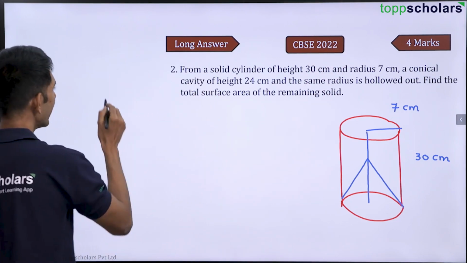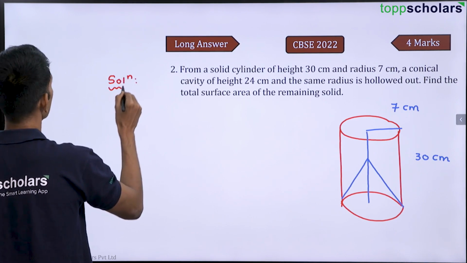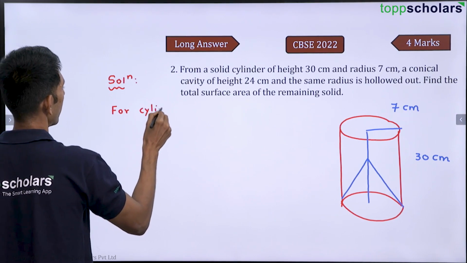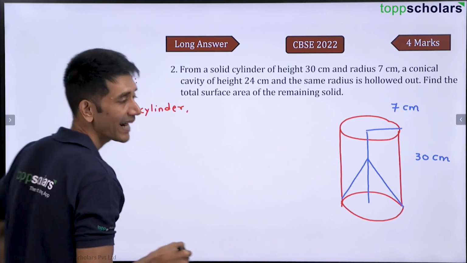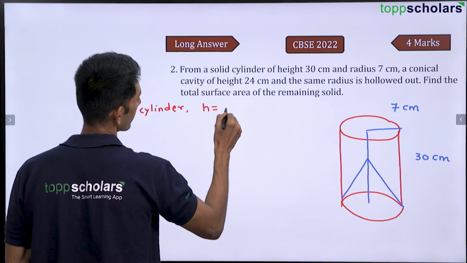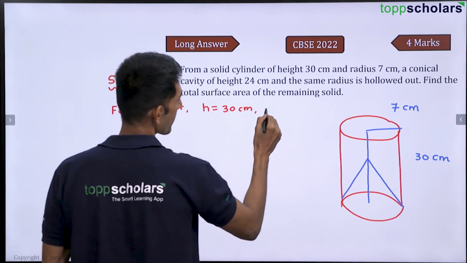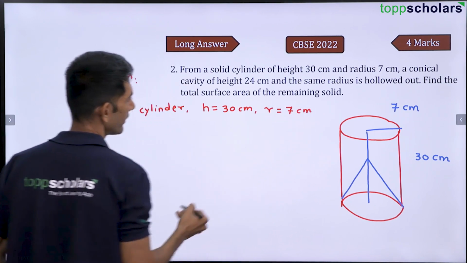focus on the cylinder. Let's talk about the cylinder. What is given? The height is given. Height is 30, so I can write h is 30 centimeter. The radius is given, radius is 7 centimeter. Correct?